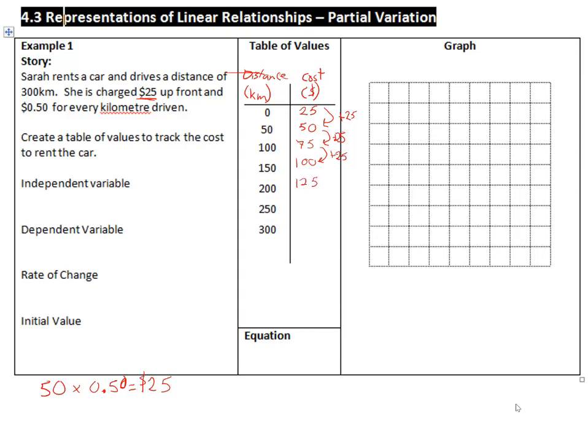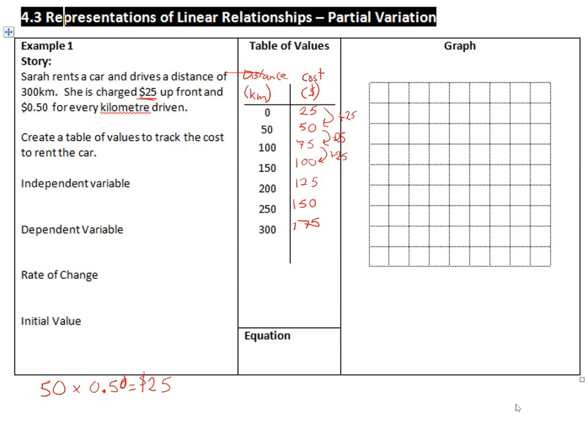Drive another 50 kilometers, add $25. Drove another 50 kilometers, add $25 again. Drove another 50 kilometers, add $25 one more time. Okay, perfect. I'm going to erase that rough work once I get to the graph, to just demonstrate how we got there. You don't need to copy that down.